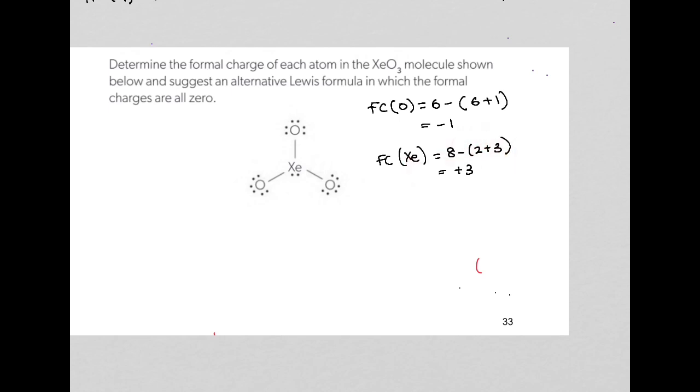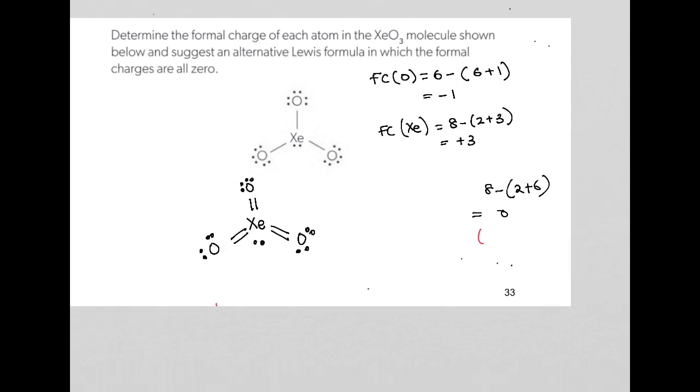So one way to get 8 minus 8 would be having double bonds here. So then 1, 2, 3, 4, 5, 6 double bonds. So then it would be 8 minus 2 plus 6. So then it would be 0. So let's try this. So it would look like this with a lone pair on the xenon and 2 double bonds with each oxygen.